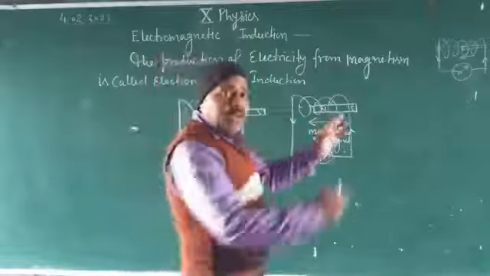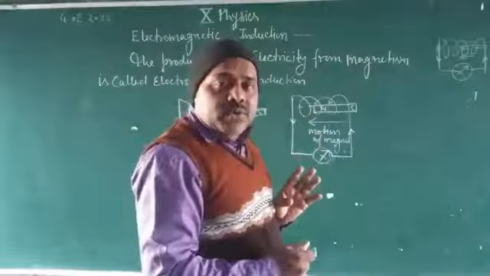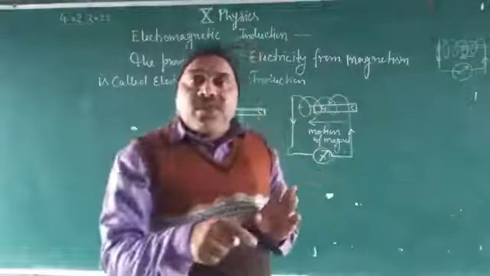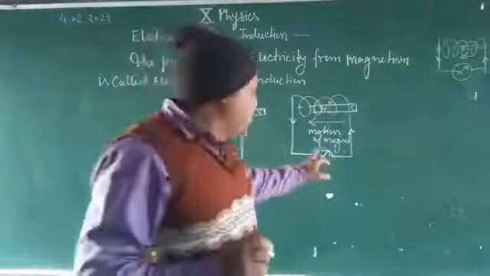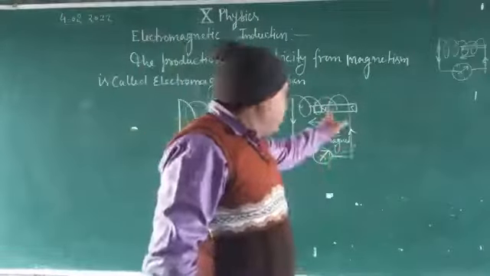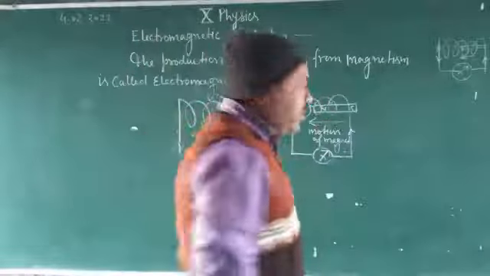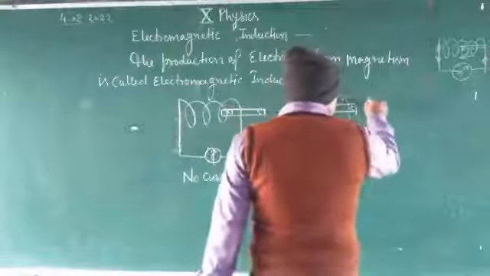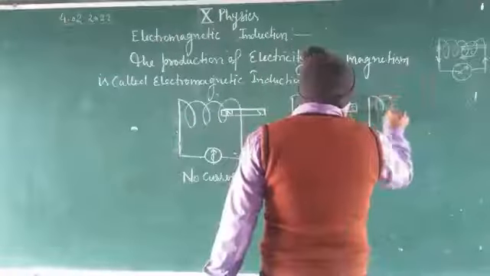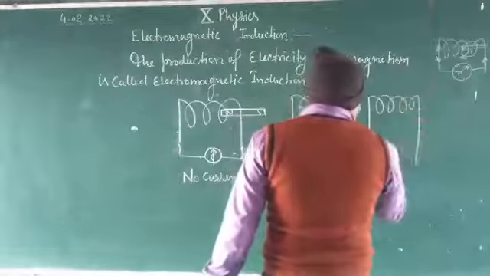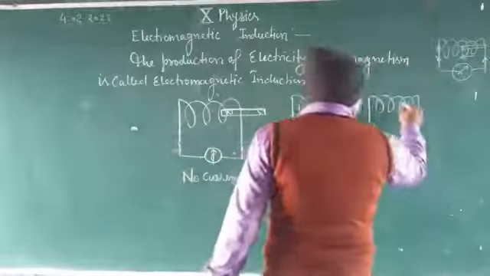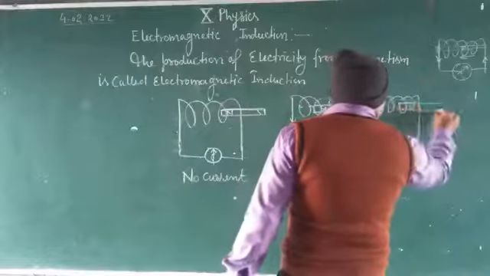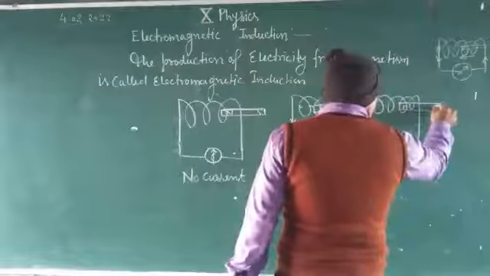But when the magnet moves away from the coil, now the deflection seen in the galvanometer is just opposite, where the direction is changed when the magnet moves away from the coil. You will see here the next diagram. When the magnet moves away from the coil, like here, this is the north and south.